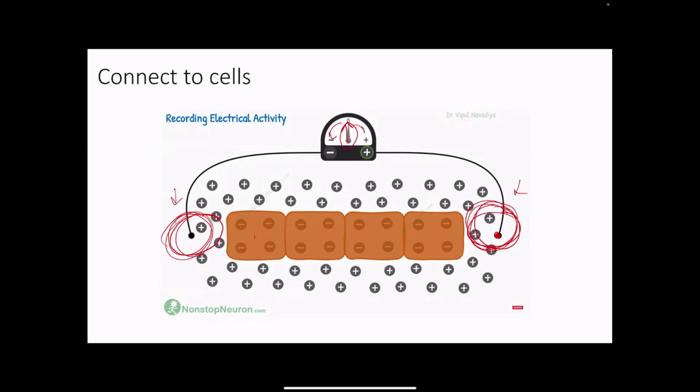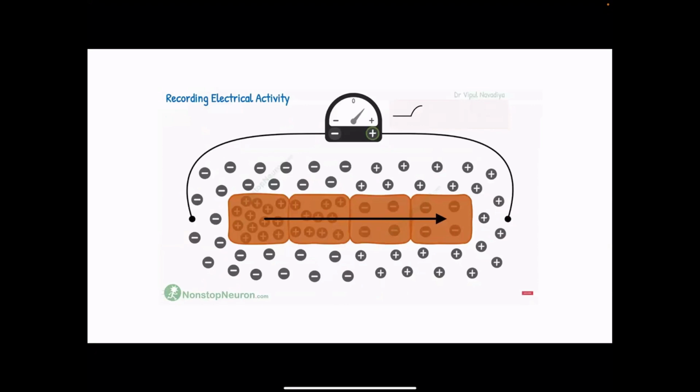These right here are normal cells in the body, just any cells, okay? We know that cells normally are negative inside. We have more negative ions inside than outside, so they're negative, and the fluid around the cells is mainly positive, right? Now, if you remember from year one, what does depolarization mean?